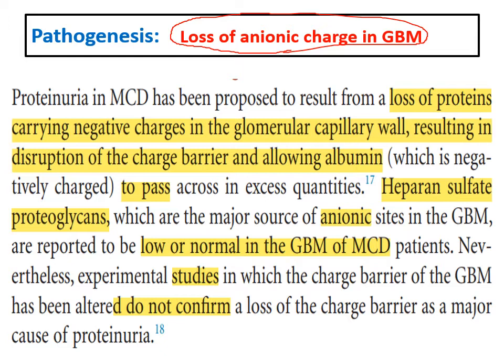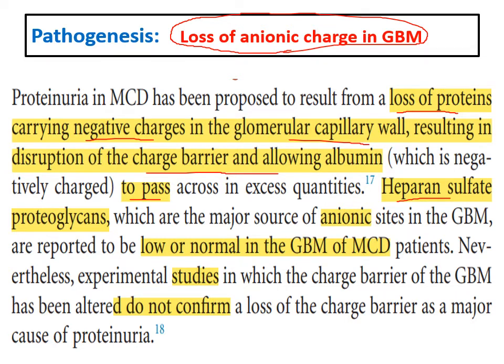This is a suggested pathogenesis, that the proteins which carry a negative charge in the glomerular capillary wall are lost, leading to disruption of the charge barrier and allowing albumin to pass through.